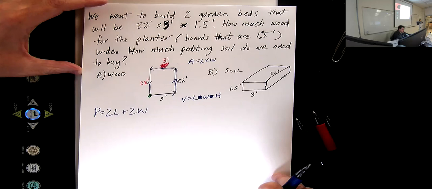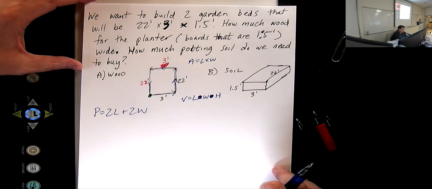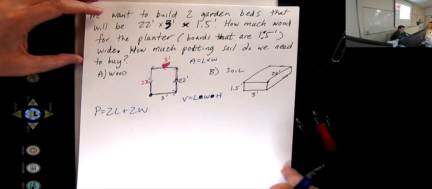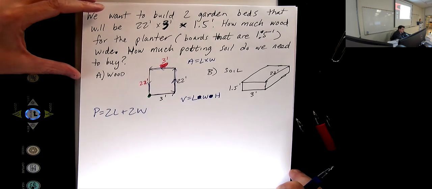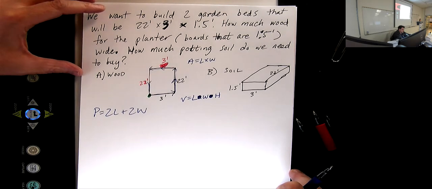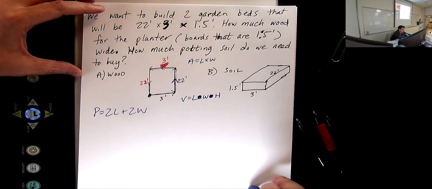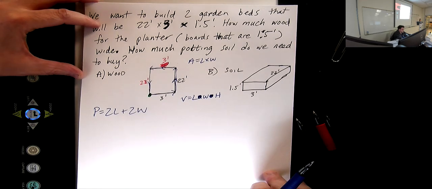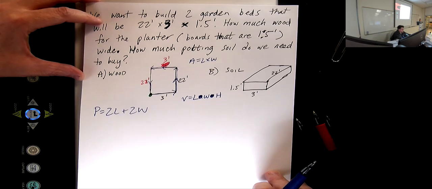What did you get as your answers? I think the first one was for sure 50. It says 99 cubic feet. So if you got 50 square feet and 99 cubic feet, you're wrong.